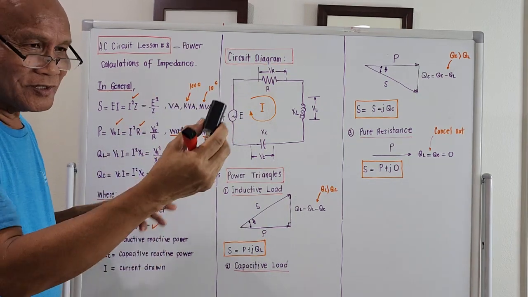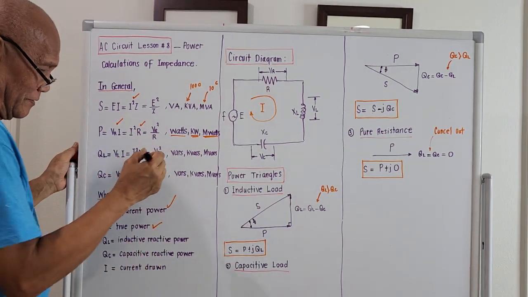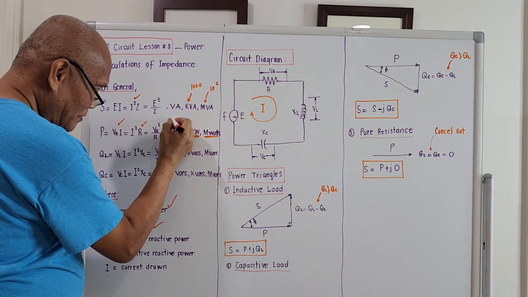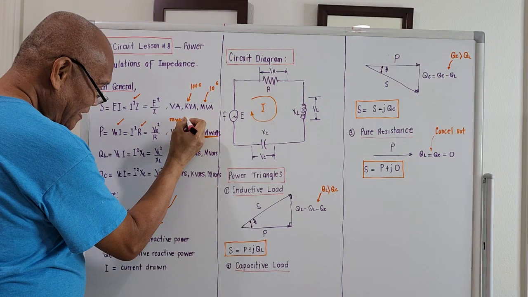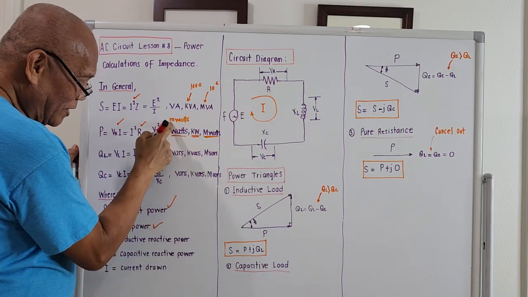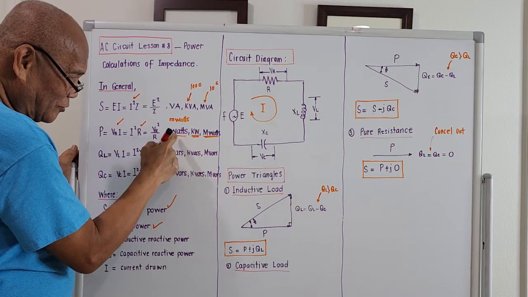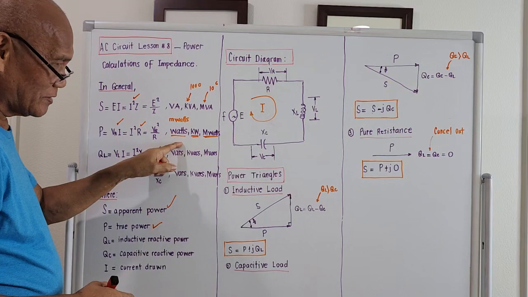This is not even watts, maybe, because if the transformer is very small, there is a rating in milliwatts, right? Milliwatts is 1 over 1,000 of a watt. This is smaller than watts.